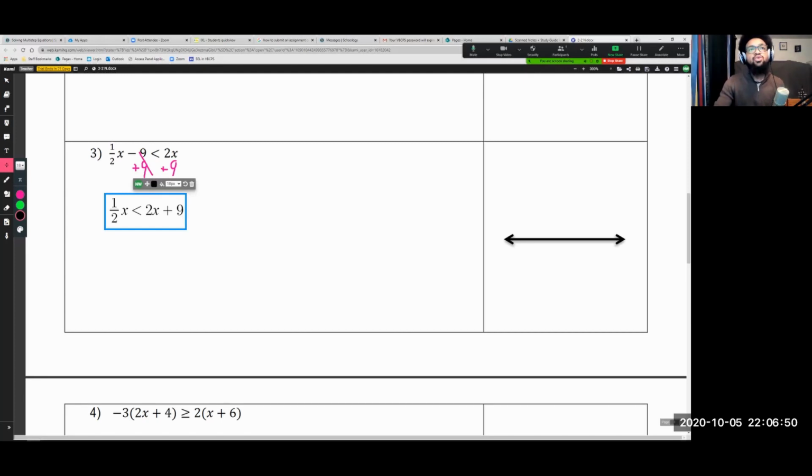And so now we're going to subtract 2x from both sides. Minus 2x, minus 2x. 2x minus 2x goes to 0. All right.